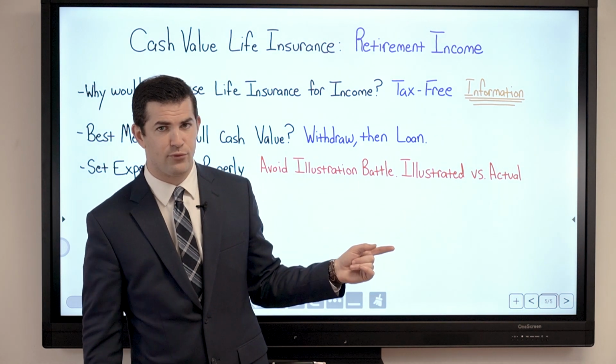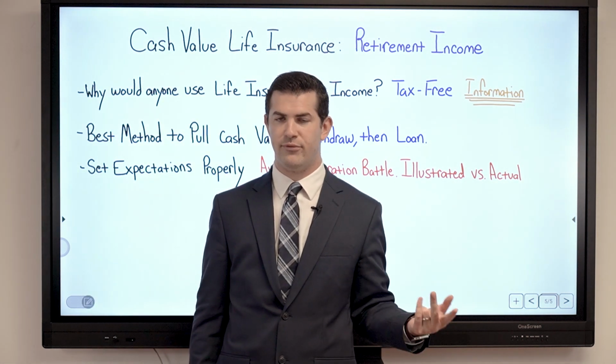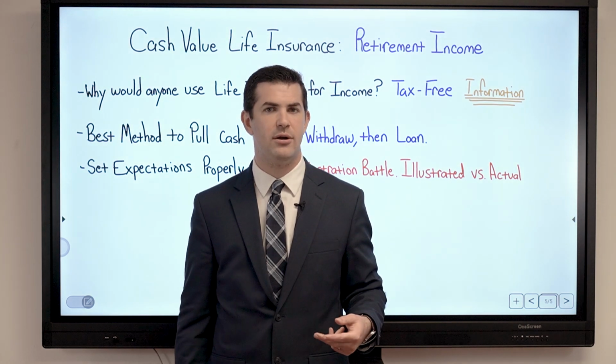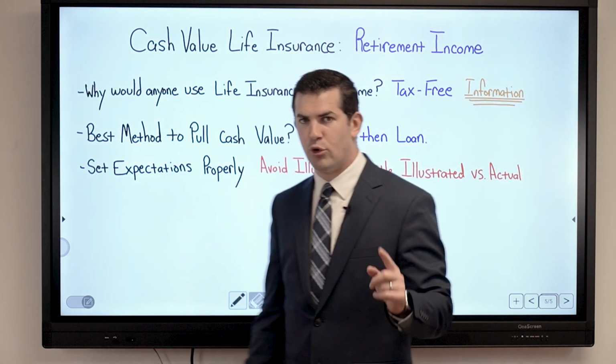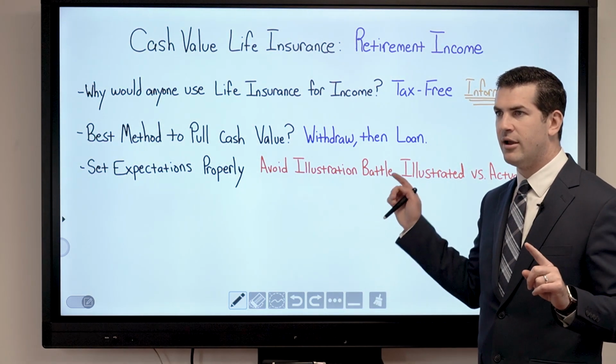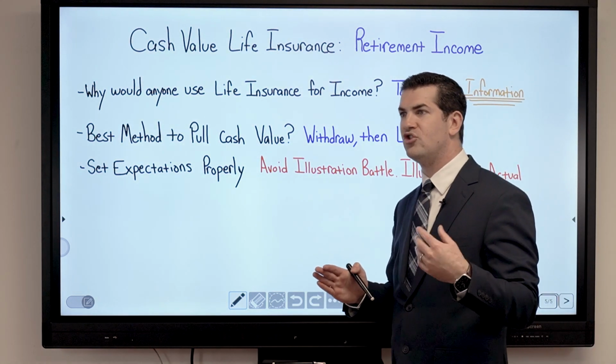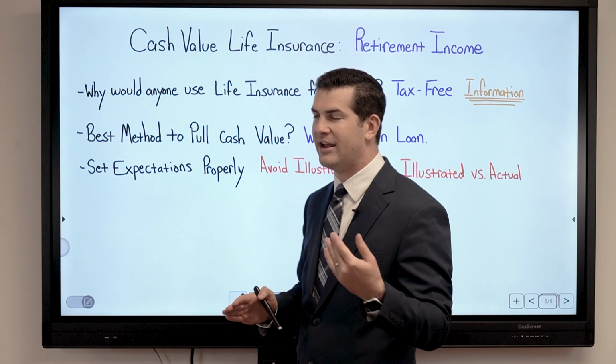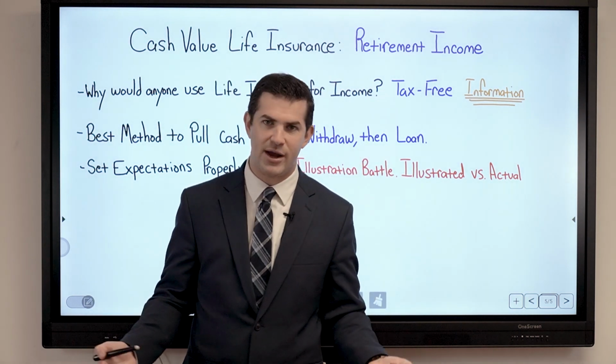I've got illustrated performance, and then I have actual performance. Are they going to be different? Almost always yes. So we want to avoid just looking at the company or product that projects the best numbers, because will that actually come true? That's the thing I want to consider.